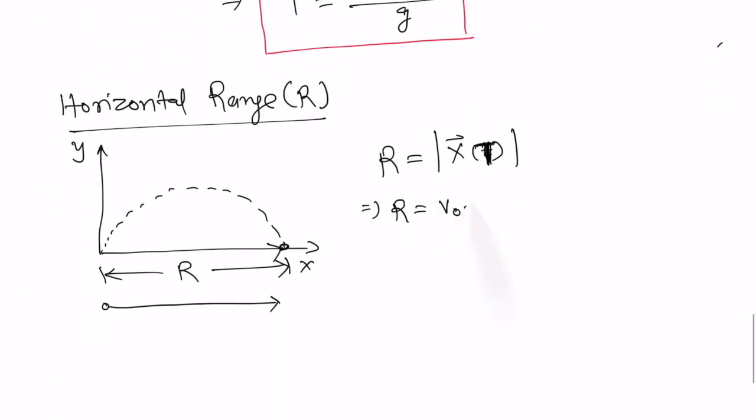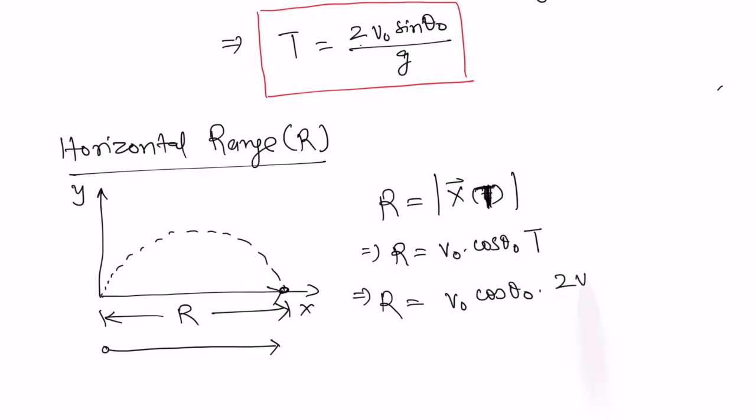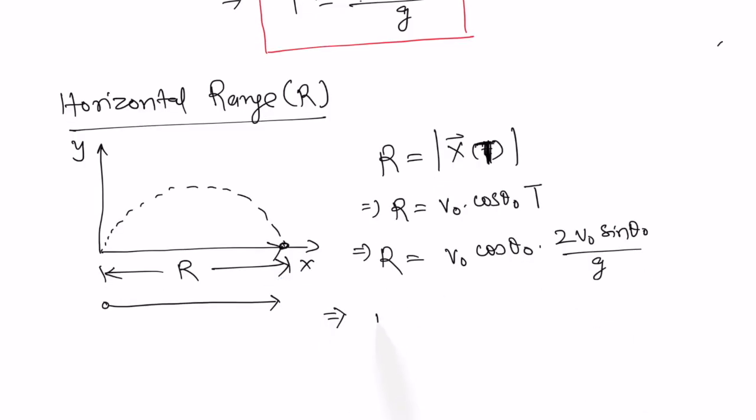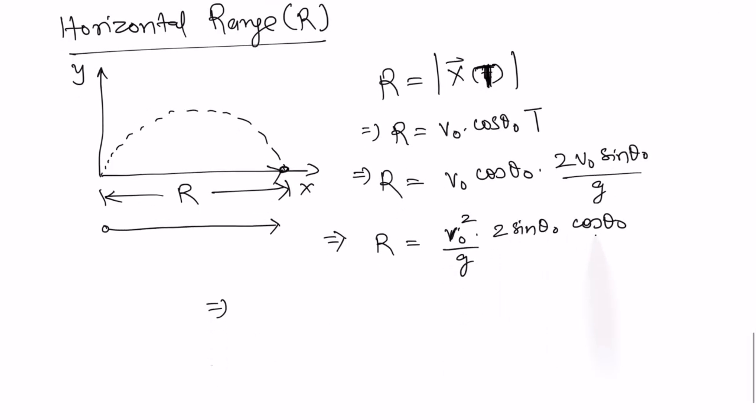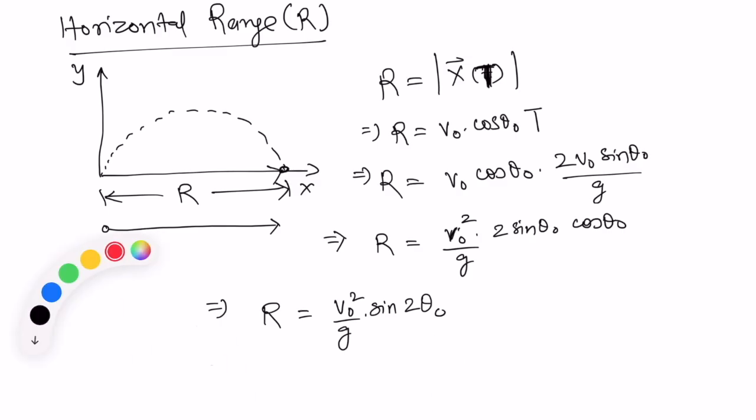So this is v naught cos theta naught and the time is capital T. So R is equal to v naught cos theta naught and the expression for capital T is 2 v naught sin theta naught by g. So this can be written as R equals v naught square 2 sin theta naught cos theta naught by g, and there is a trigonometric identity which says that 2 sin theta cos theta is sin 2 theta. So R is equal to v naught square by g sin 2 theta naught.